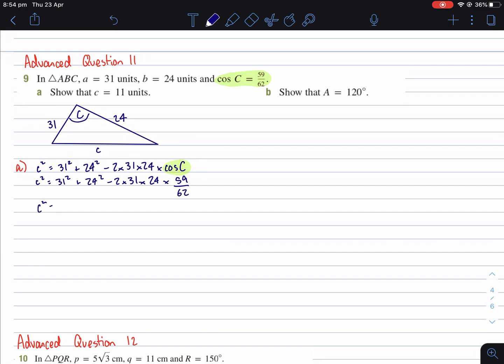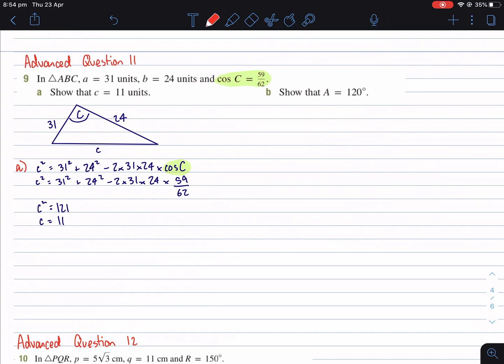Calculating that, c squared is 121, so c equals 11.